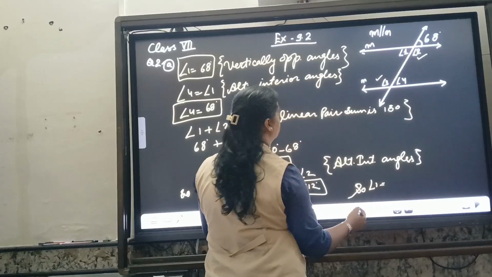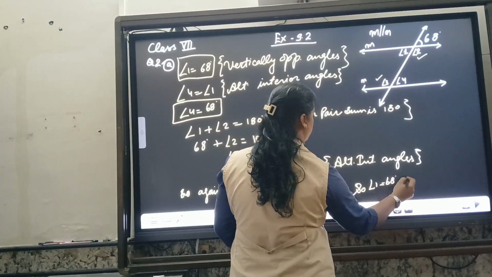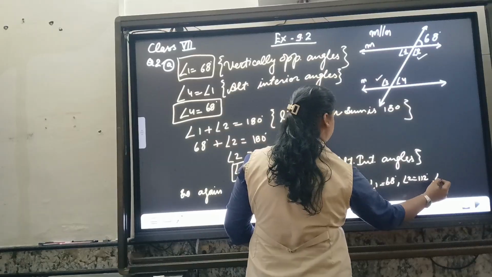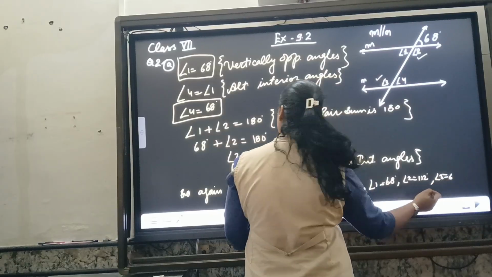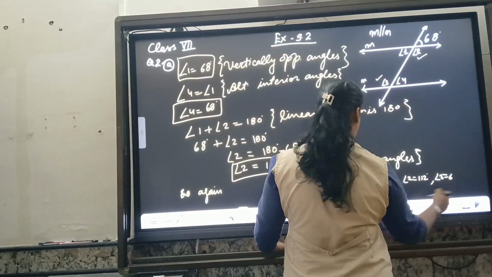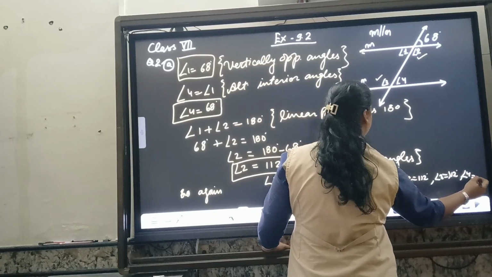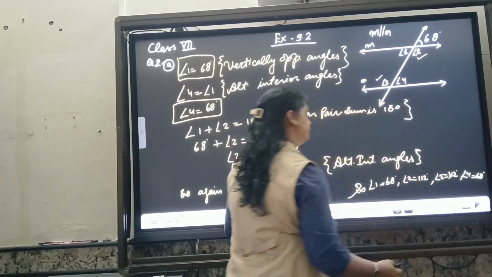Angle 1 is equal to 68, angle 2 is equal to 112, angle 3 is equal to 112, and angle 4 is equal to 68.